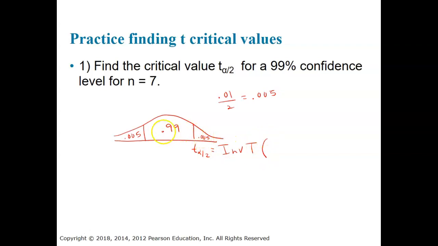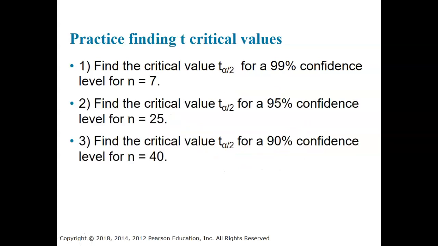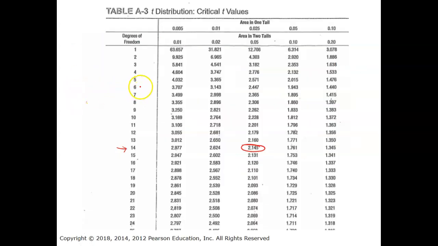The area to the left of this would be 0.995 because I'm going to add both of these areas together. And my degree of freedom is 1 less than my sample size, so I should get 3.707. One thing I didn't really say is that with t critical values, we tend to round those to 3 decimal places. And if you needed to find that on the chart, here you would go back to a degree of freedom of 6 and 0.01, and so there's the 3.707.